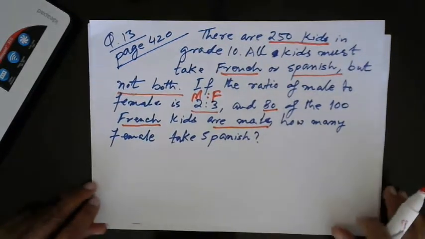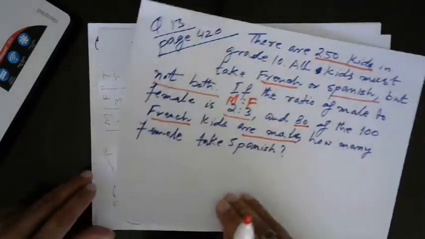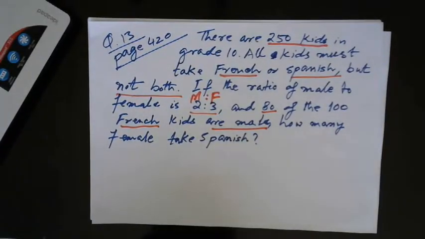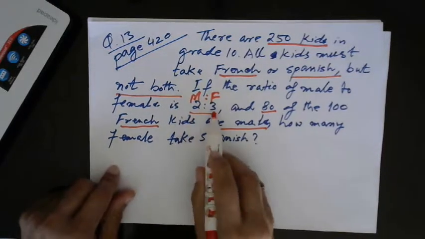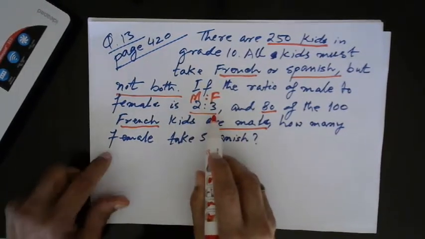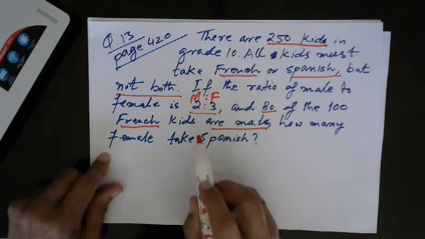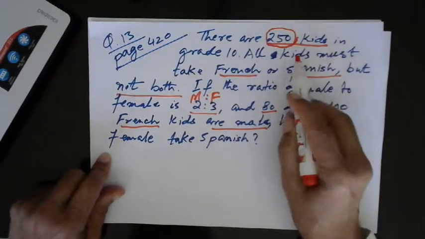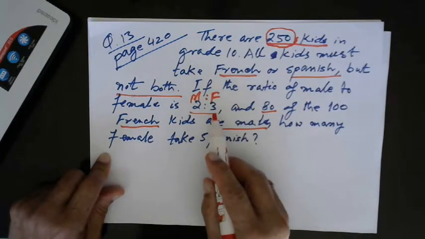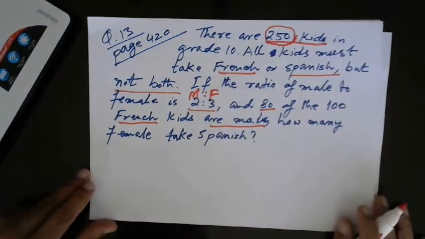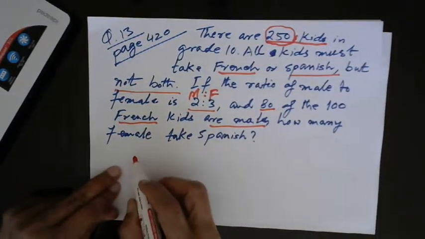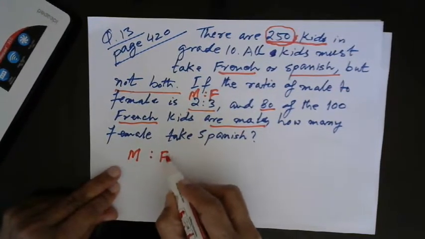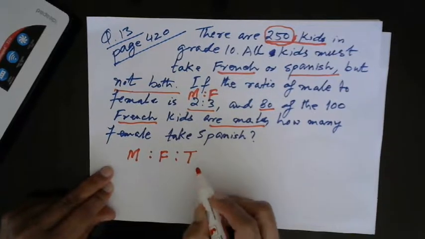Okay, so let us do it. Because the ratio of male to female is 2 to 3, let us find the number of males and females in these 250 students. So I make a table like this: male, female, total.